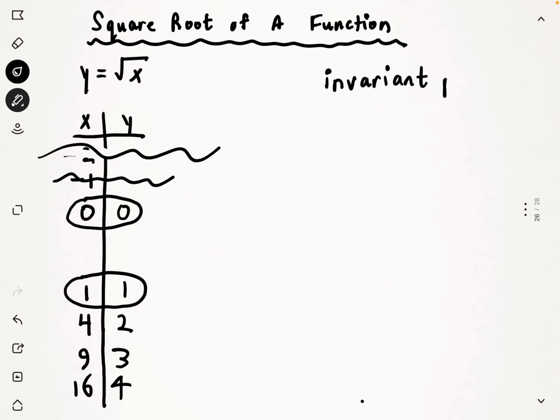An invariant point, in general, is a point that is the same on the original function as on the new function. When you have an original function and you perform some sort of operation on it to get a new function, these invariant points remain the same, while all the other points will change.